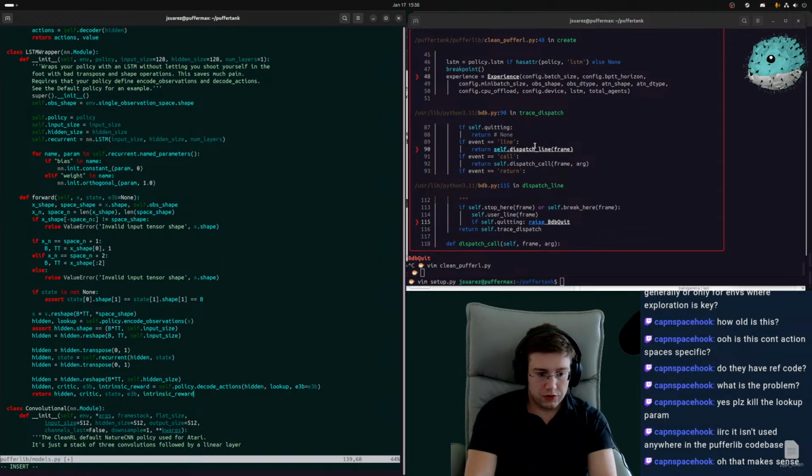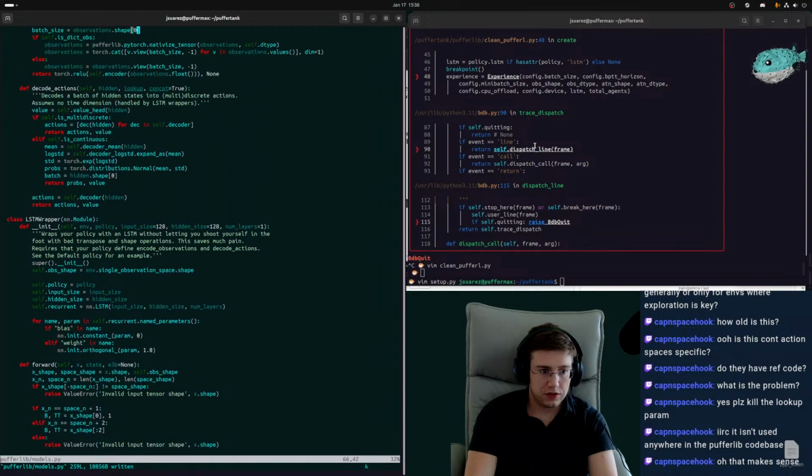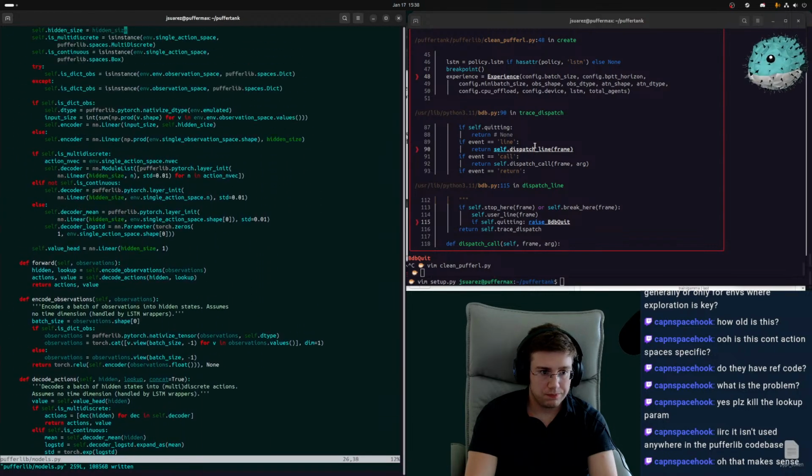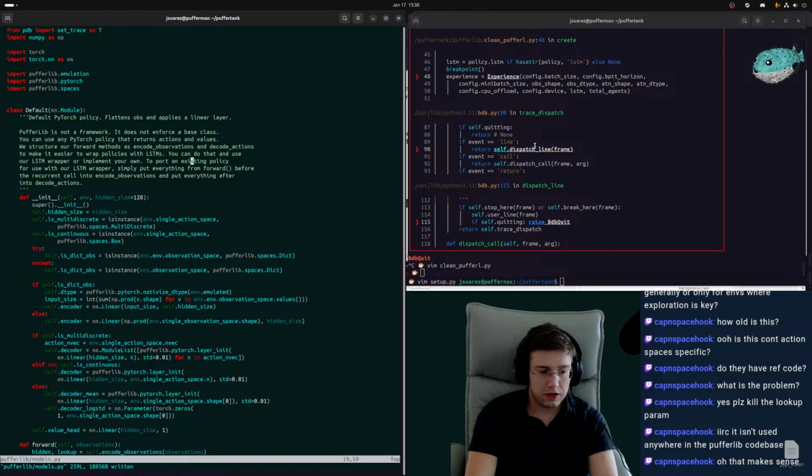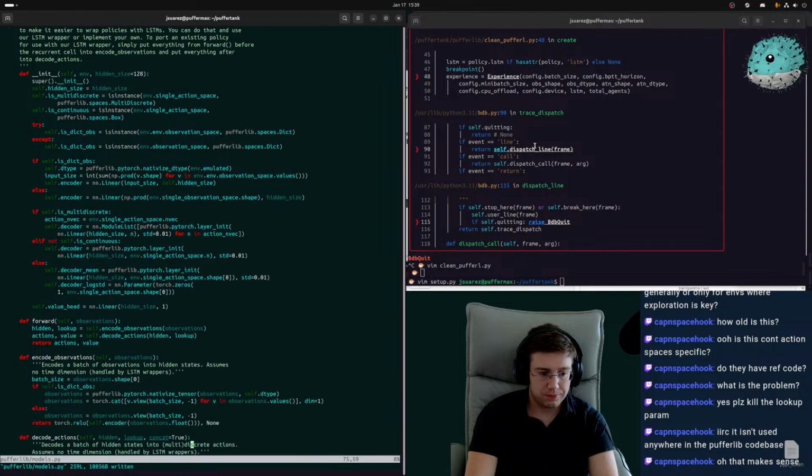It's always a million things to do. Okay, so this should be enough for the LSTM wrapper. Now I just want to add this to the default policy. And this should be enough for us to run experiments once I debug everything.